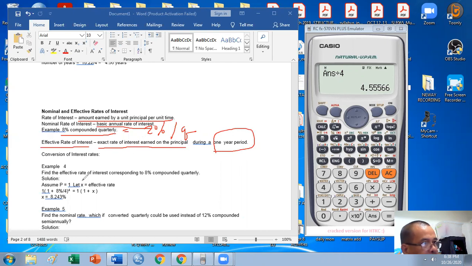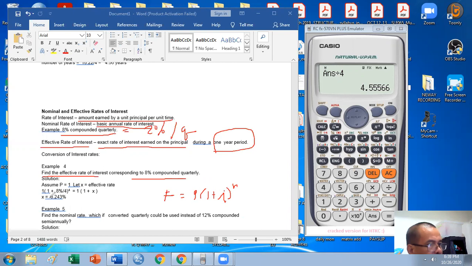So, here, find the effective rate of interest corresponding to 8% compounded quarterly. Using the formula, assume mo na pera mo piso. So, ito yung amount ng piso. Using the formula, F equals P times (1 plus i) to the n. So, assume na ang pera mo piso.